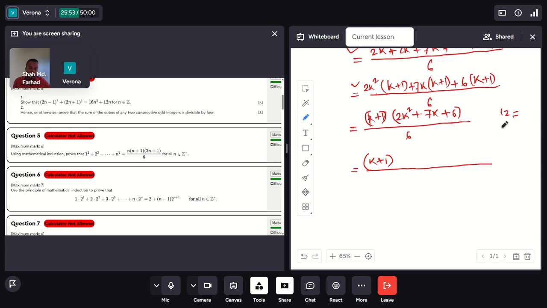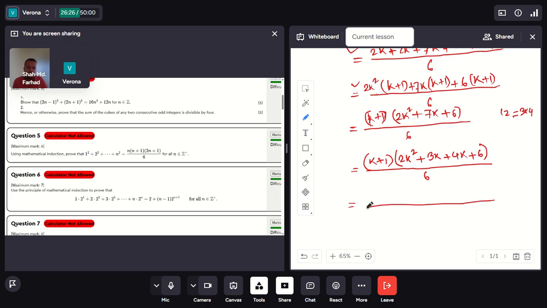So how can we make it 7? It can be 3 times 4. Okay, so 2k square, right? So it will be 2k square and then 3k and then plus 4k and then plus 6, over 6.